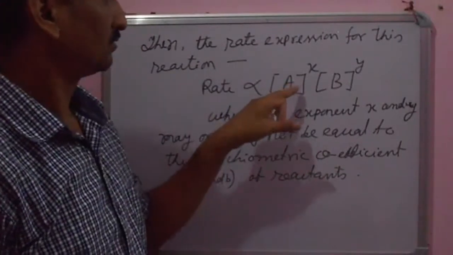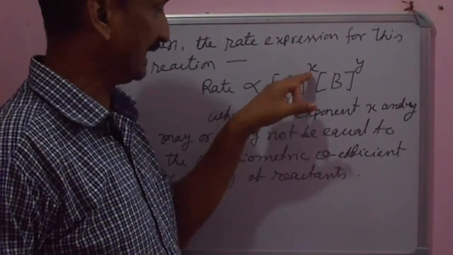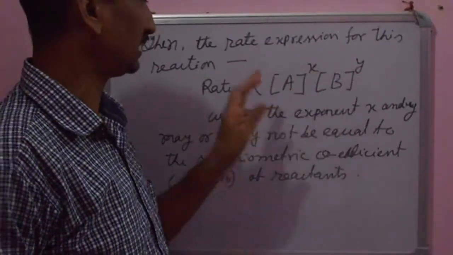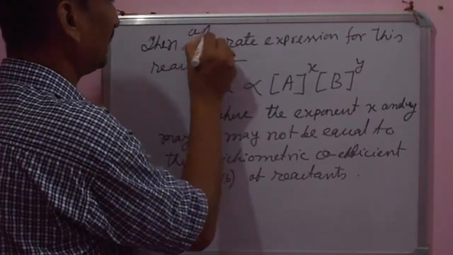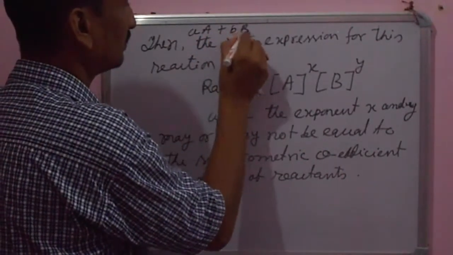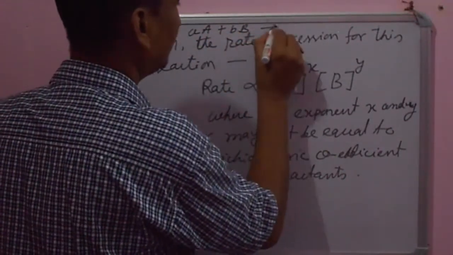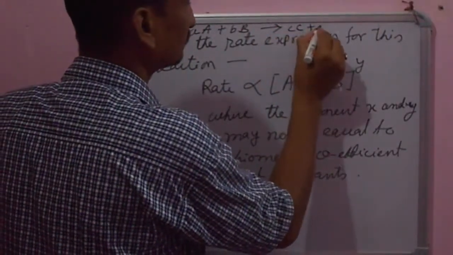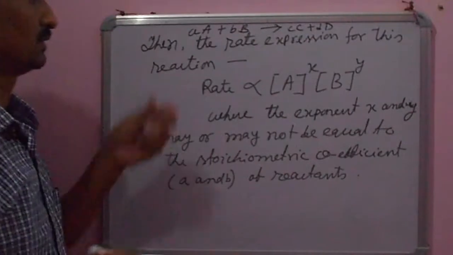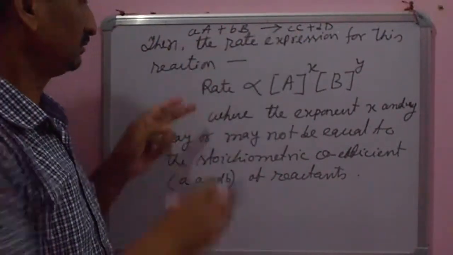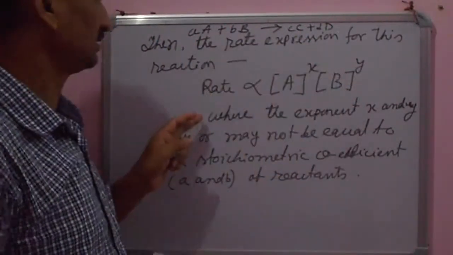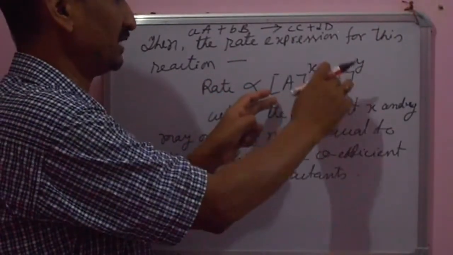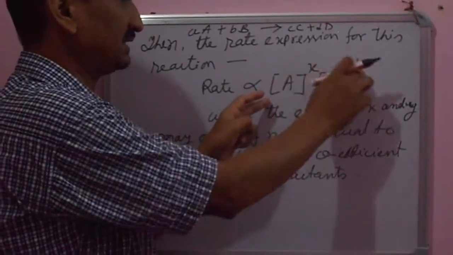Here, whatever the exponents, meaning powers x and y, may or may not be equal to the stoichiometric coefficients of the reactants A and B. So for this reaction, this way rate is expressed. That rate depends on the concentration of the reactant A and concentration of the reactant B raised to some power x and y.